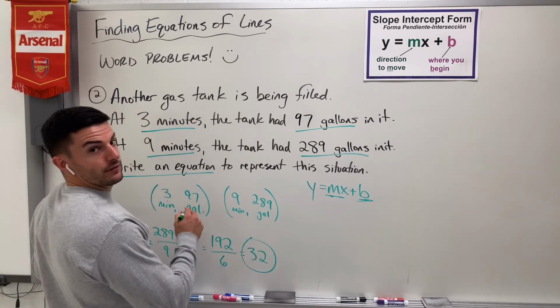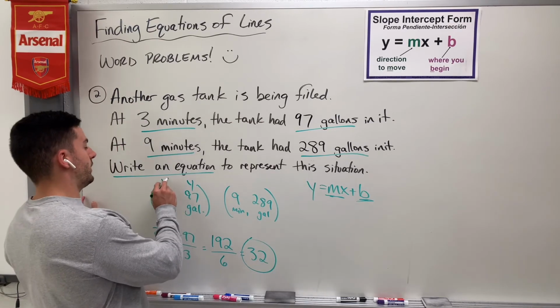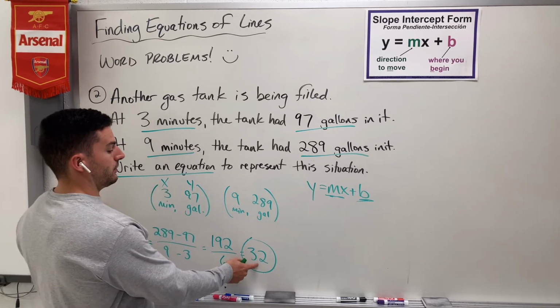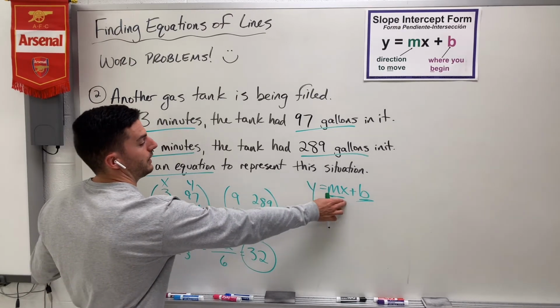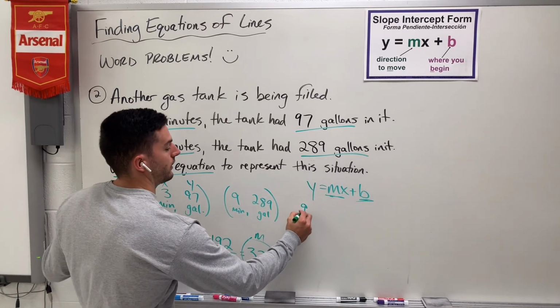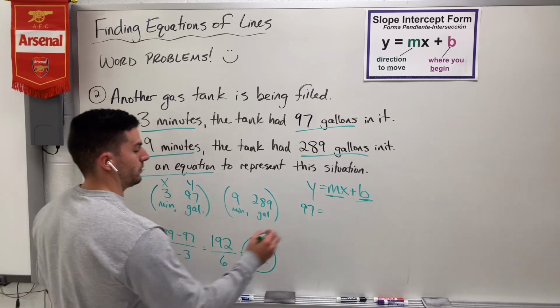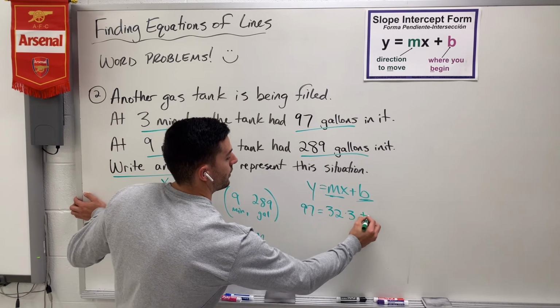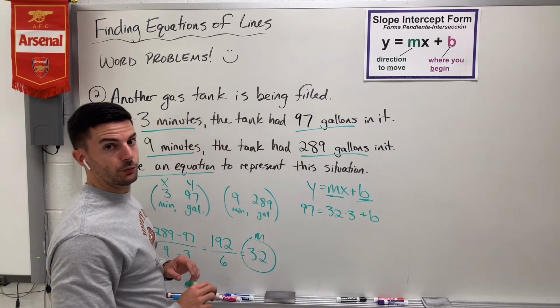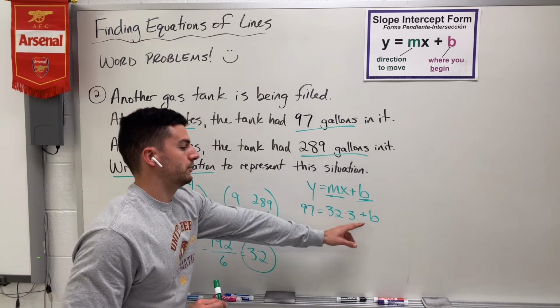I would take a y value, so let's say 97, and an x value, let's say 3, and then my slope, my m, 32, and plug them all in for y, m, and x. So it'd be 97 equals 32 times 3 plus b, and I don't know b yet.